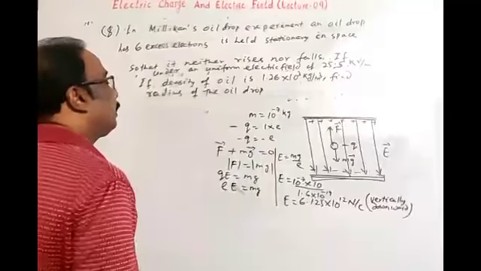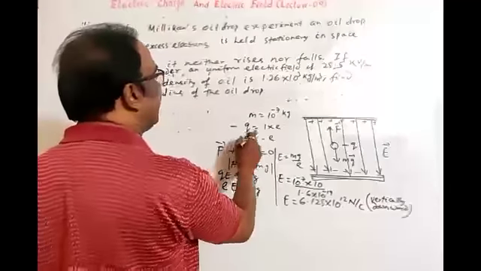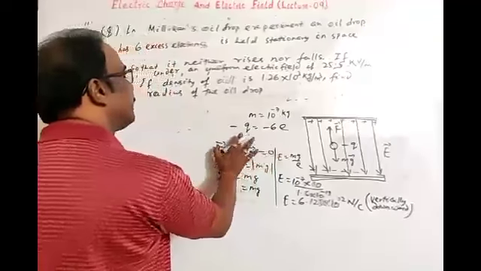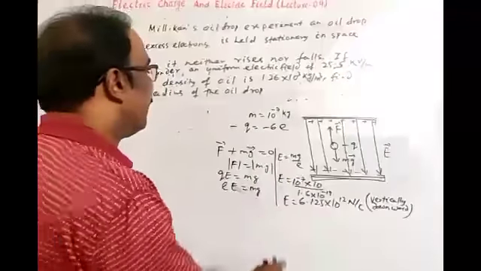Again, the oil drop has 6 excess electrons. Again, charge is negative, meaning this charge is minus 6e due to excess of electrons.